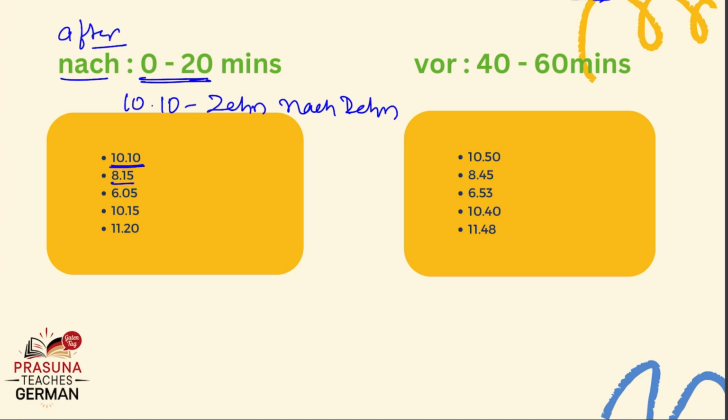For example, 8:15. The meaning of 8:15 is 15 minutes after 8. It is 15 nach 8. 6:05 is 5 minutes after 6: 5 nach 6. 10:15, 15 minutes after 10: 15 nach 10.